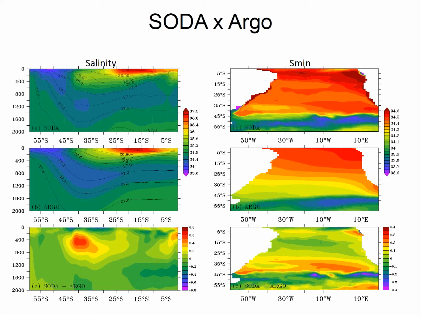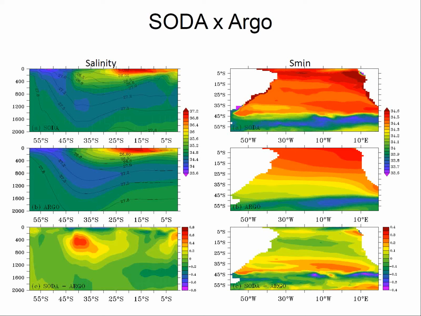This is the Argo from the IPRC climatology. It shows how it behaves around 25 west, which is close to the A16 line, the Wüst line.